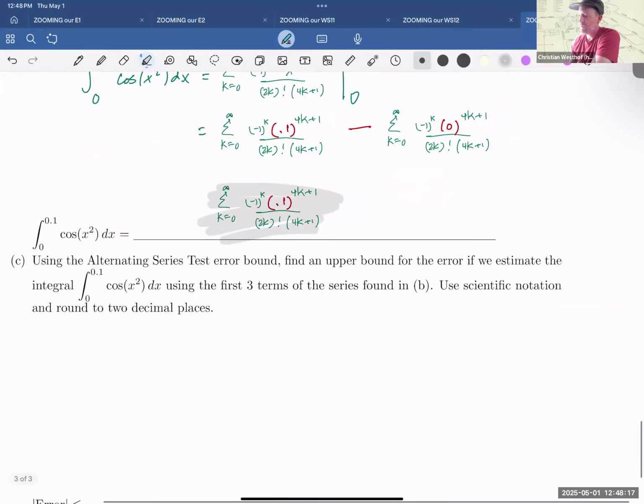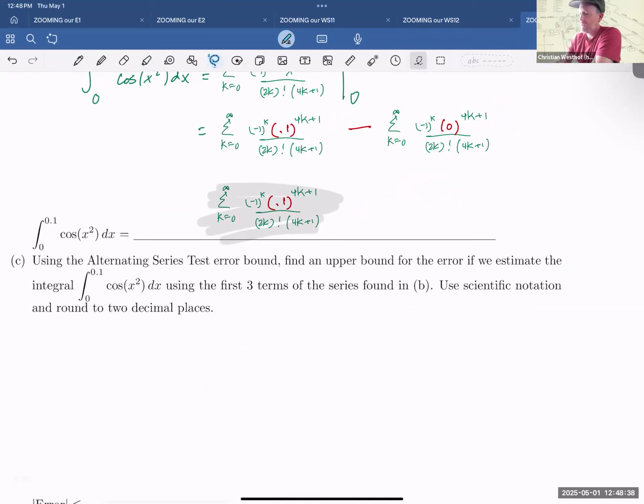And in the next part, it says, using alternating series test error bound, find the upper bound for the error, find the value that the error is the same as or less than if we estimate the integral using the first 3 terms. And here it's not telling you to estimate, but let's do that anyway. So let's estimate with the first 3 terms.